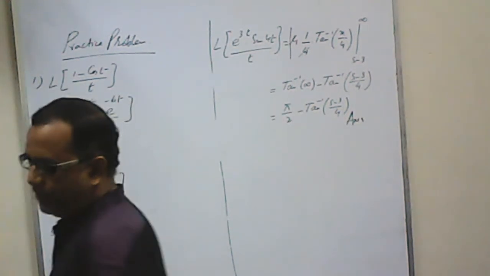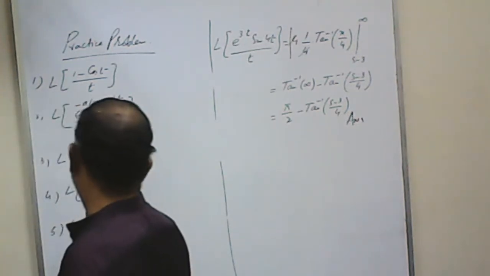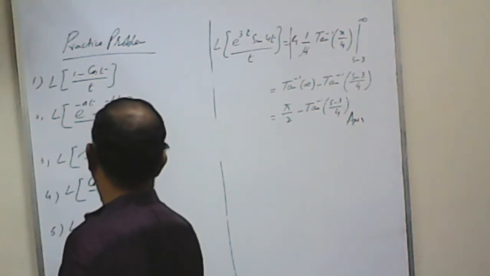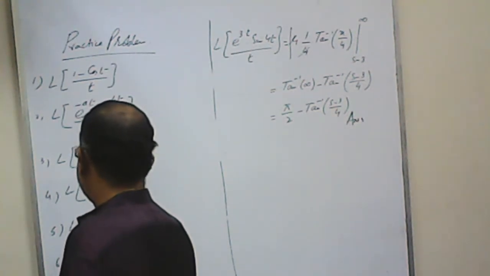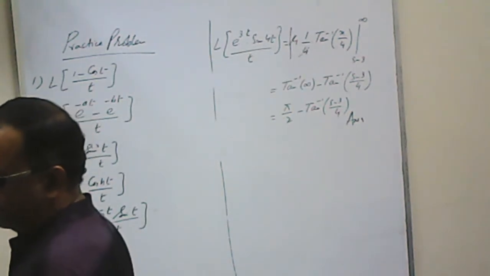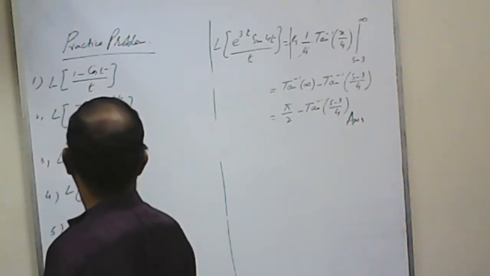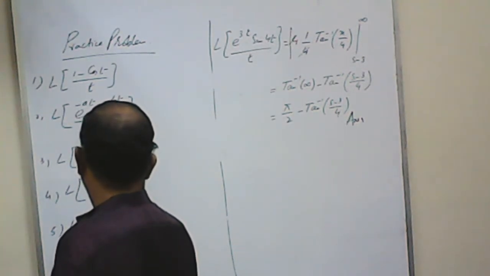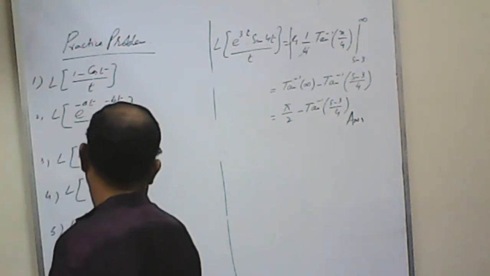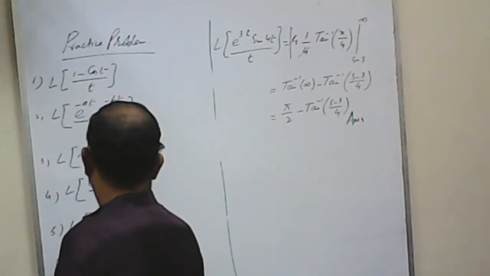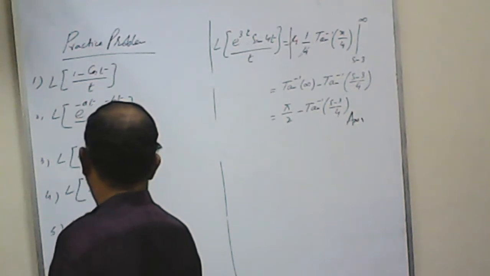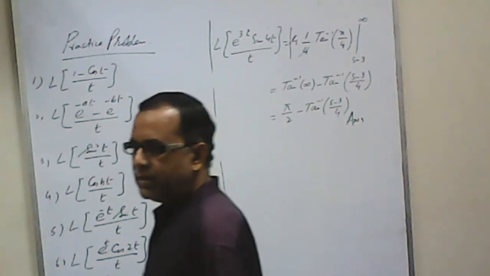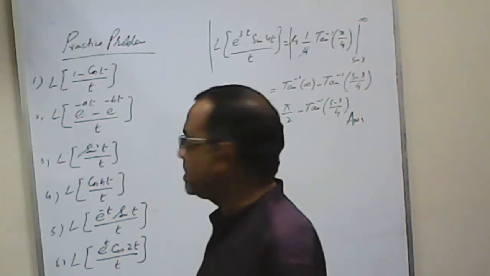Number 5, Laplace of e power minus t into sine t over t. Number 6, Laplace of e power t into cos 2t upon t. So these are the practice problems for this current session.